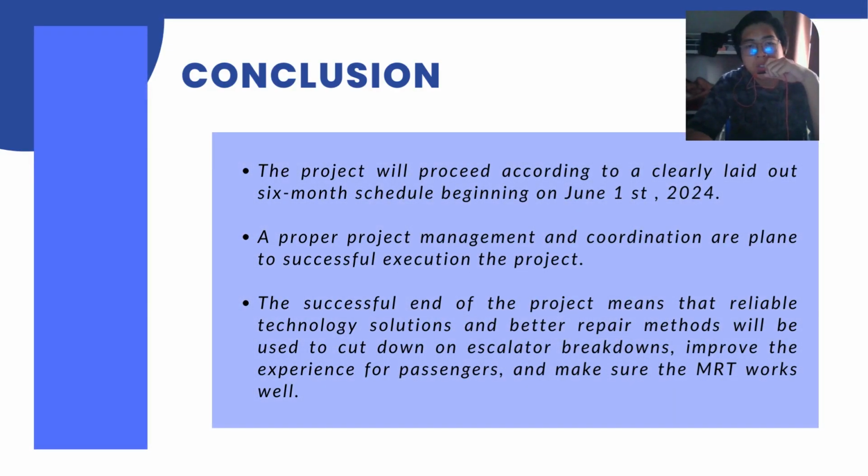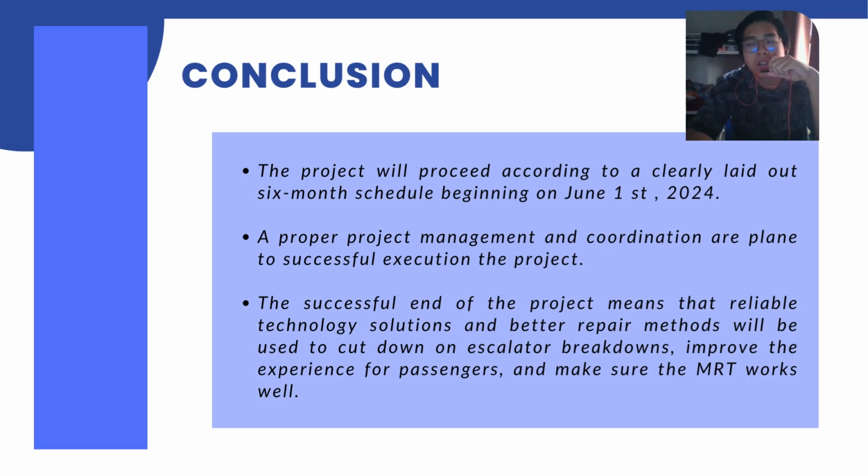For the conclusion, this project will proceed according to a clearly laid out 6 month schedule, beginning on June 1st, 2024. This project will have a proper management and coordination plan to successfully execute the project.